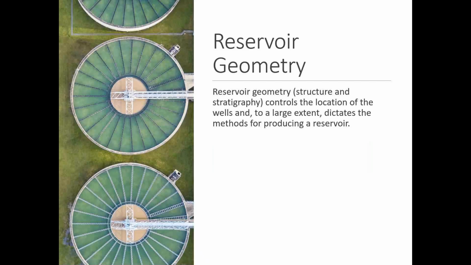The first thing is reservoir geometry. Reservoir geometry is nothing but the structure or stratigraphy that controls the location of the wells and, to a larger extent, dictates the method for producing a particular reservoir. So to depict reservoir geometry in detail, I have to go to the previous slide.